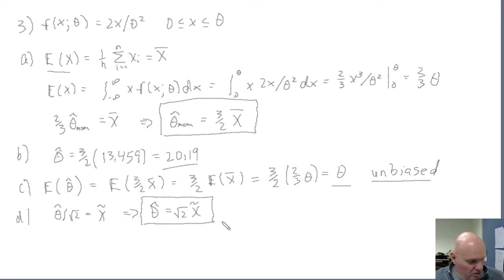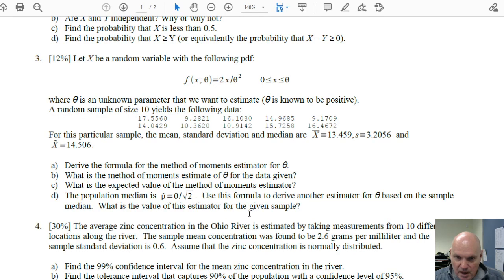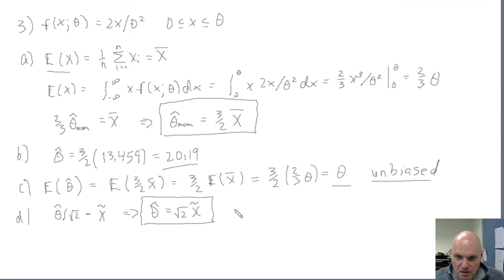And then I think we're also asked to find the value of this estimator for this particular sample. So plug in the sample median, 14.506 here.